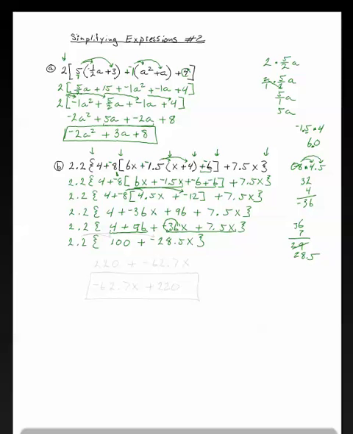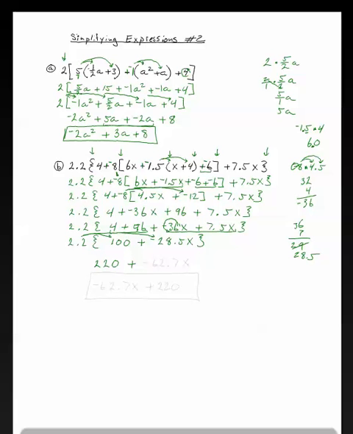Then the last thing we need to do is distribute this 2.2. Now at this point you may need to grab your calculator. 2.2 times 100 is easy because all you have to do is move the decimal 2 places to the right, and that gives us 220 plus.